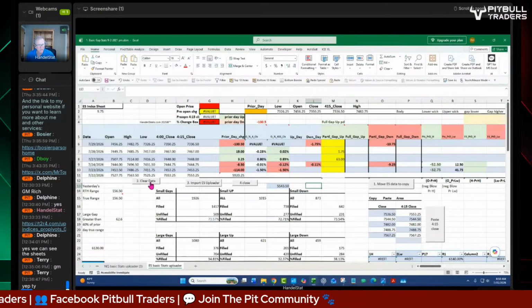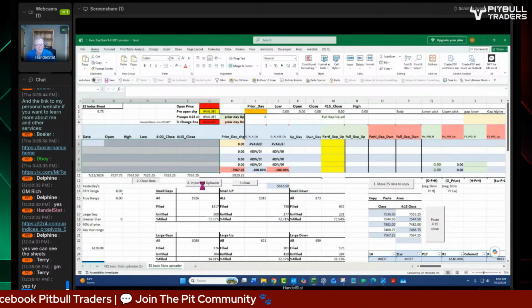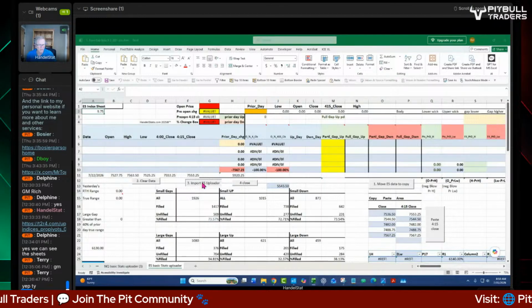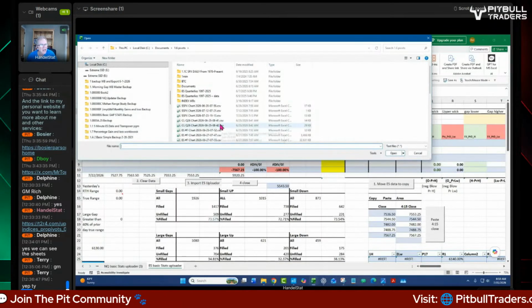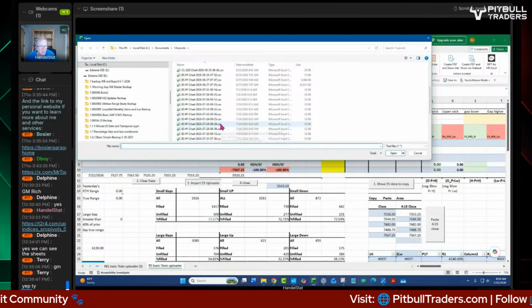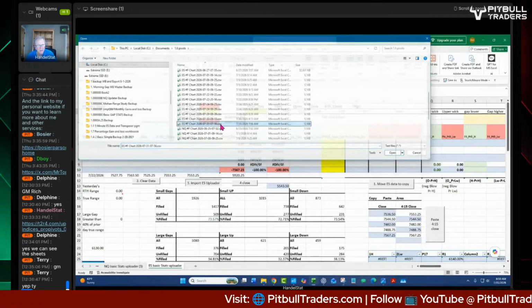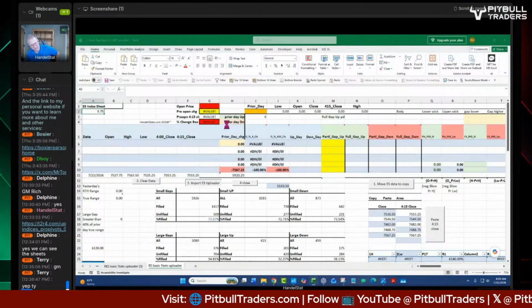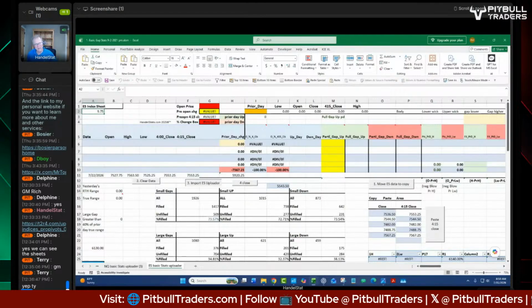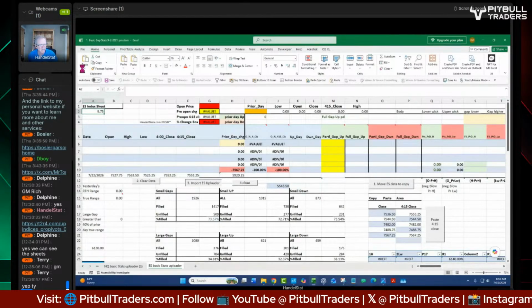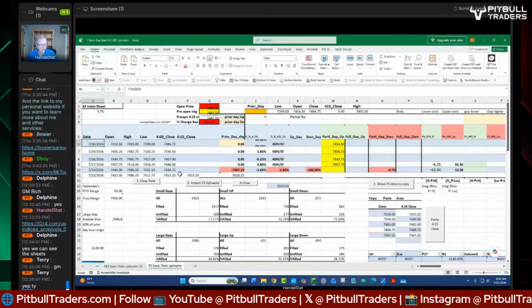So we'll clear this data, and we will import this. Import. And that is ES. I already downloaded the data for this earlier this morning. It's ES. There you go.